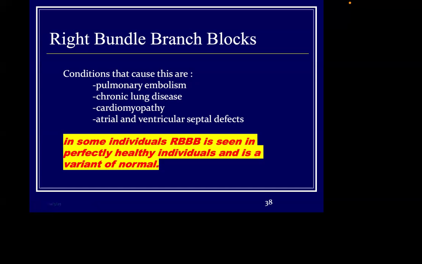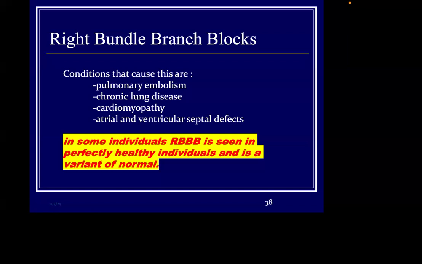Actually, you see RBBB, or right bundle branch block, in 5% of people less than 65 years, and you will see it in 1% of people more than 65 years. And I see in this part of the world, many people with the RBBB, which is sometimes a normal variant, are labeled as ischemic heart disease, and they're taking a lot of anti-ischemic medications unnecessarily.